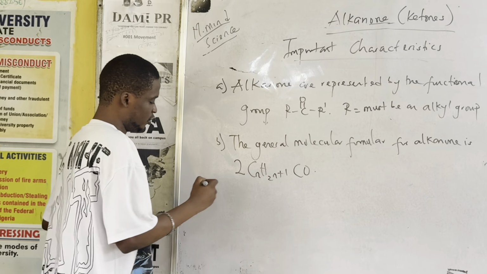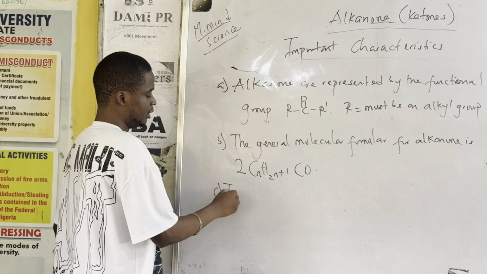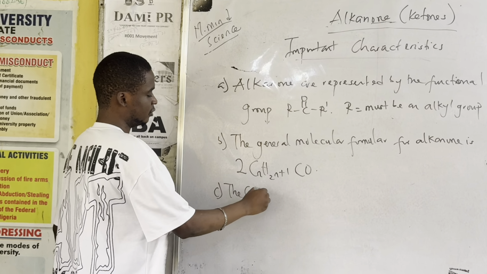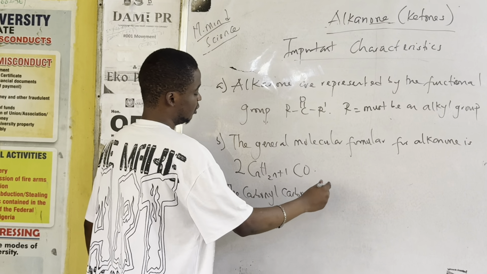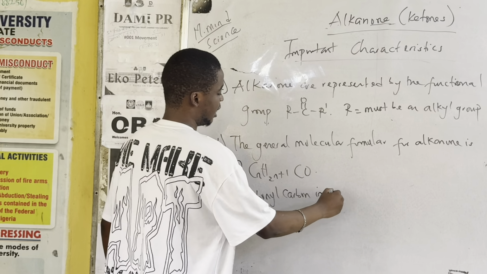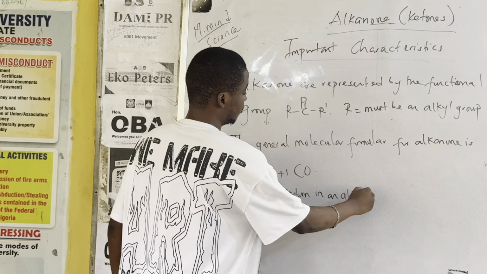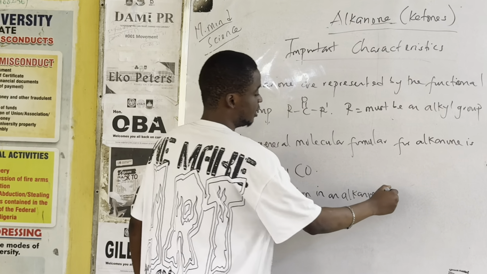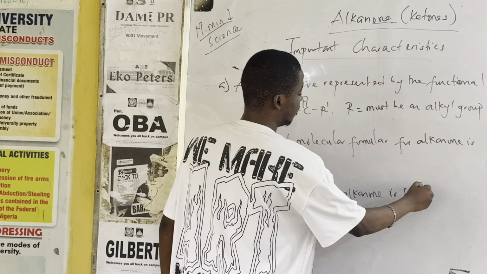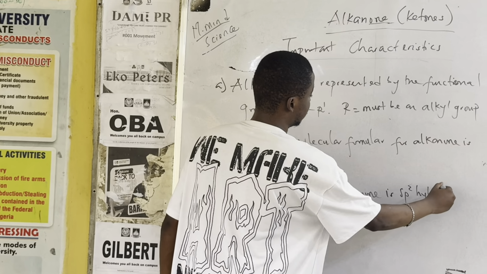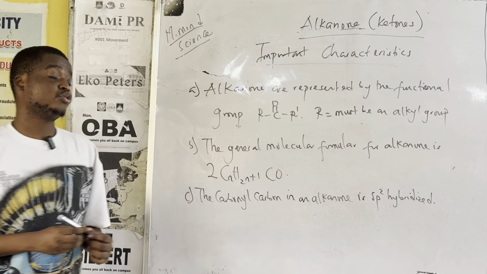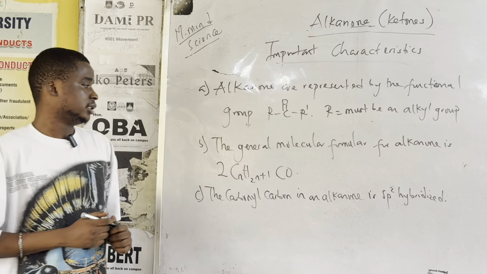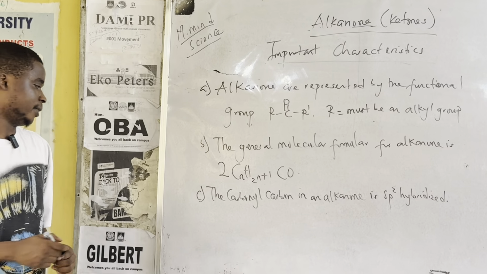Now, the next thing you need to know is that the carbonyl carbon in an ALKANONE is sp2 hybridized. It has a hybrid orbital of sp2.